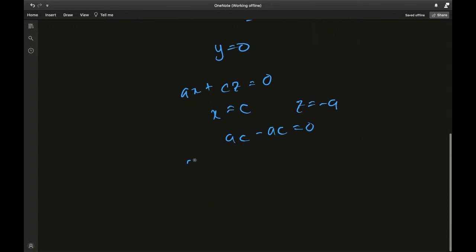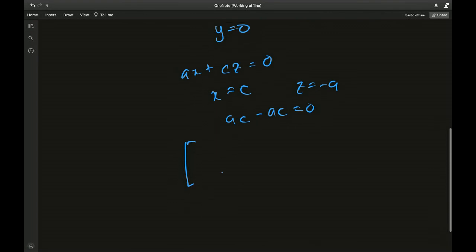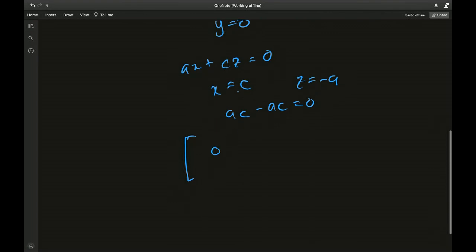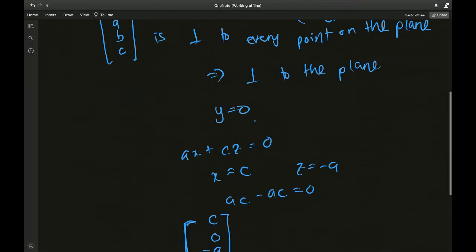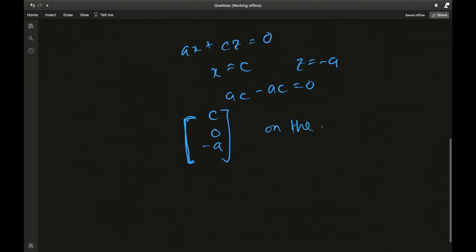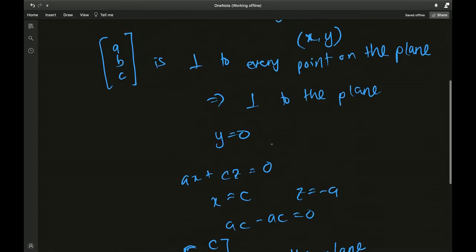So one solution when y is 0 is x is c and z is negative a. This is one vector that is satisfying the equation of the plane and hence is on the plane. We can do a similar approach if we let z equals 0.